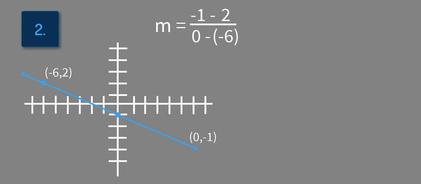That's so you don't lose the negative and you see the actual double negative. So negative 1 minus 2 is negative 3 over 0 minus negative 6. A minus becomes plus a positive. So 0 plus 6 is 6, and that equals negative 1/2.